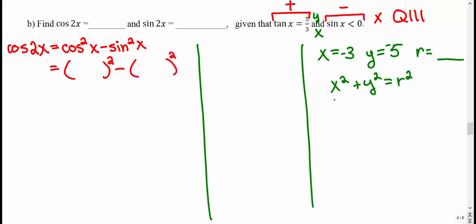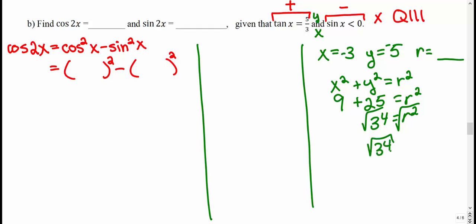So negative 3 squared will give positive 9. Negative 5 squared would be a positive 25. 9 plus 25 is 34. We want to take the square root of both sides. We don't need to put the plus and minus because we remember that r is always positive. So the r value is the square root of 34.